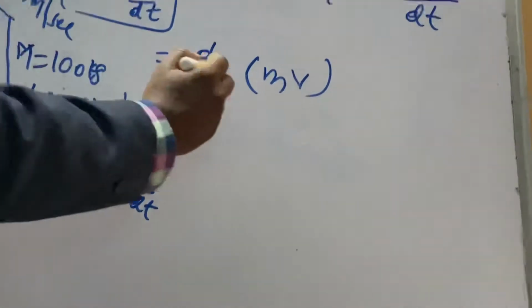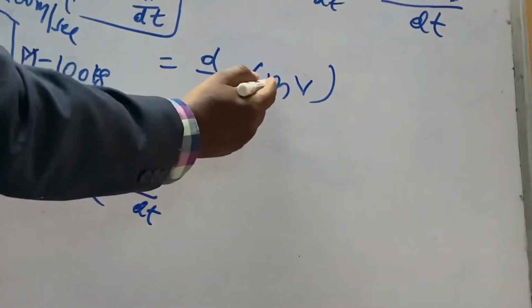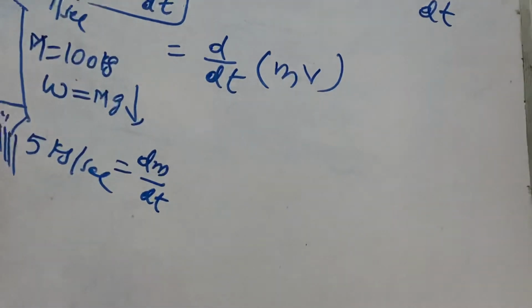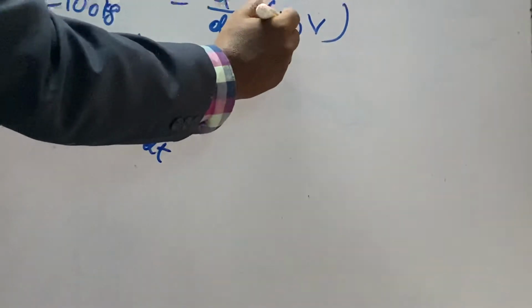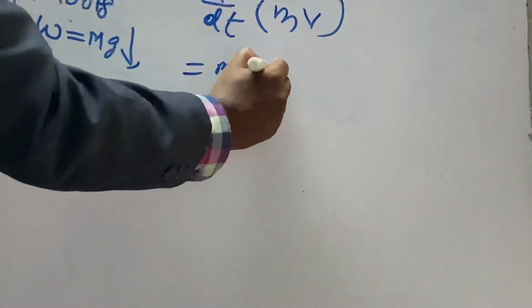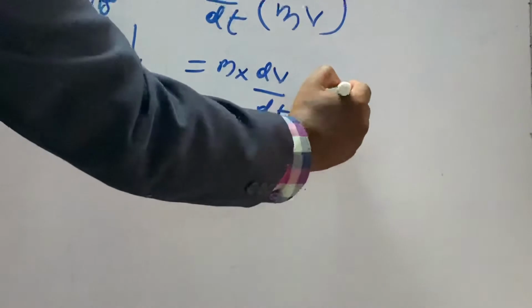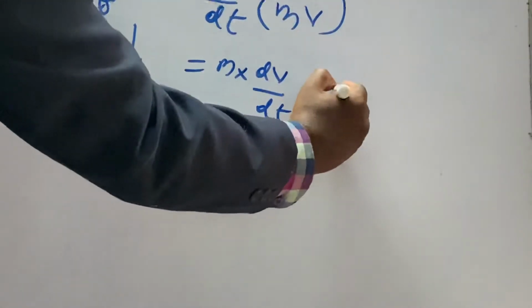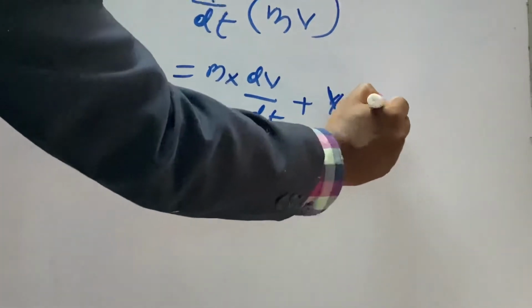In this case both m and v change, so both are variables, and we differentiate with respect to one another: m into dv by dt plus v into dm by dt.